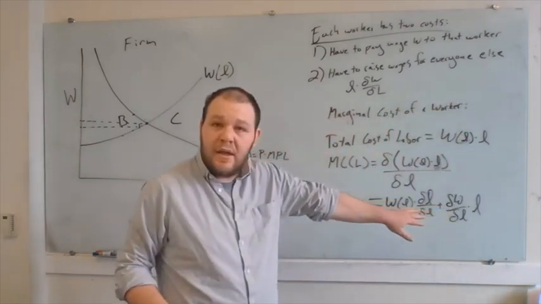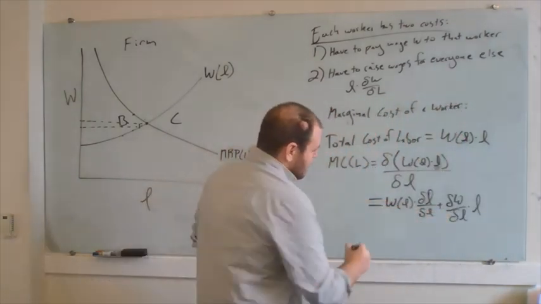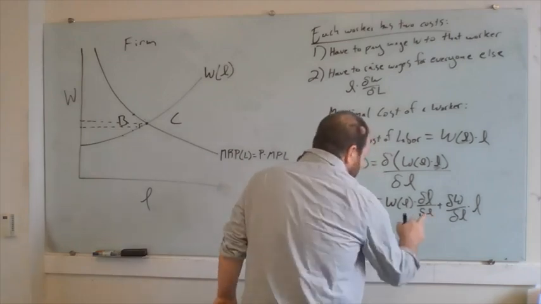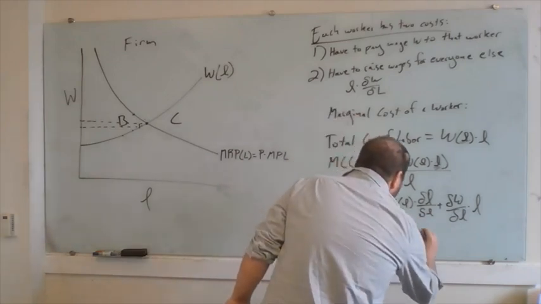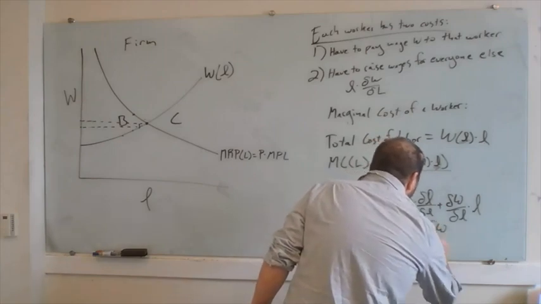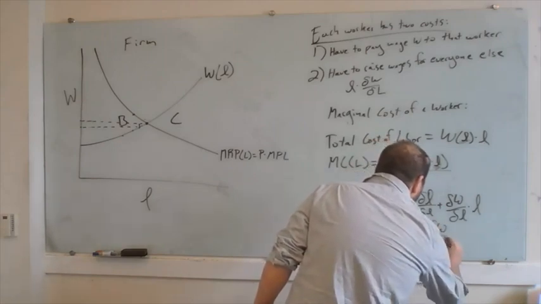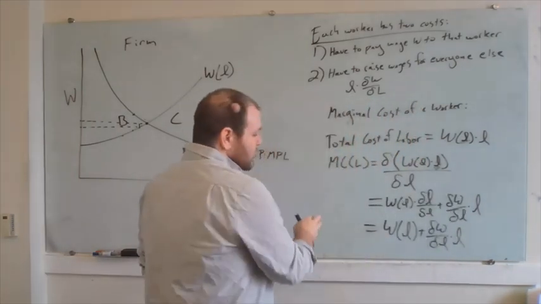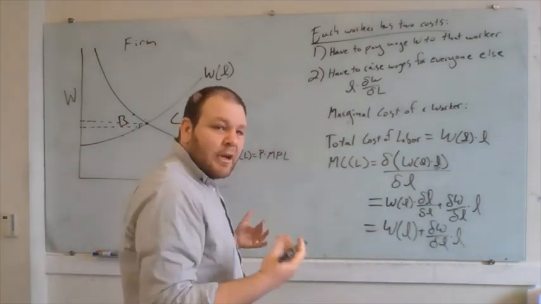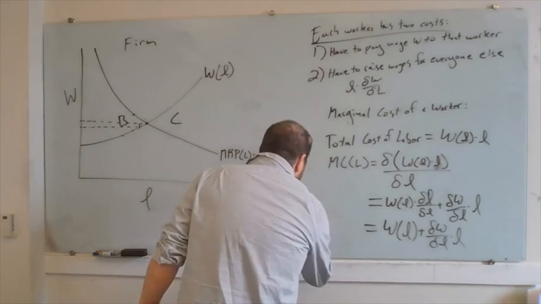This is just the product rule, which is, of course, dL/dL is 1, so this is just going to be W of L plus dW/dL times L, right? This is going to be my marginal cost of labor, or as I'm going to call it, my marginal expense of labor.